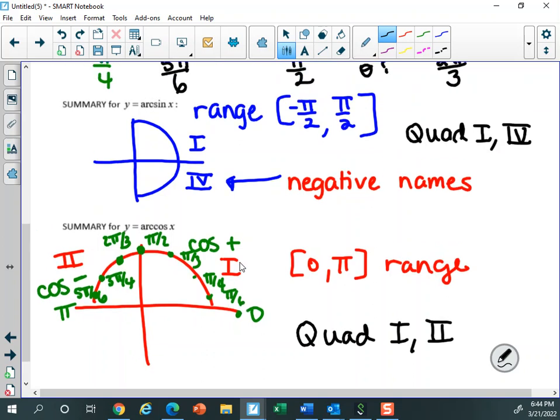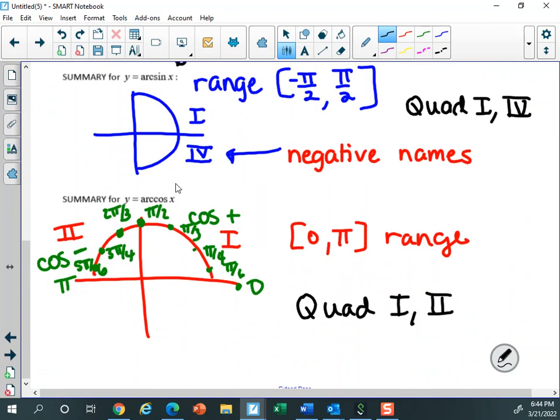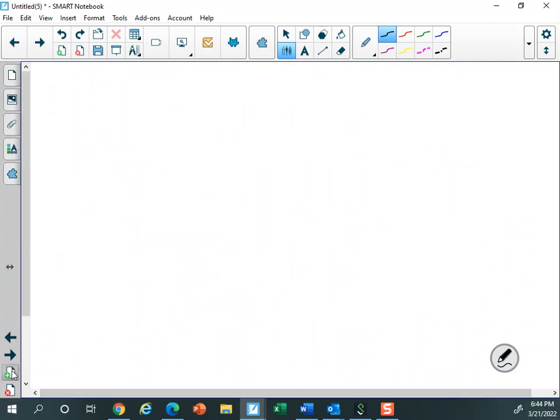So that we can be clear on when I'm talking inverse cosine of negative root 3 over 2, that that's in the pi over 6 family. So the bad news is if you didn't memorize that information, it's going to come back to bite you right here, and so you got to work on it. The good news is it's really not that much if you break it down.